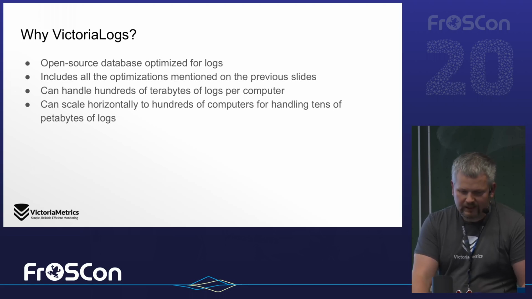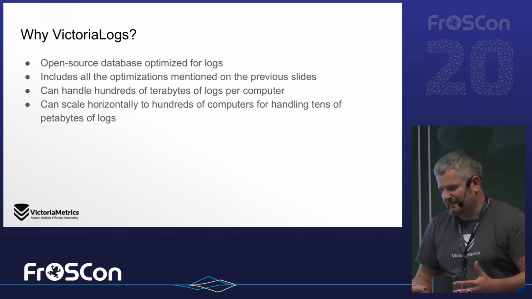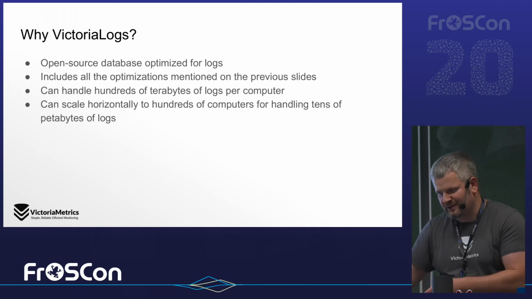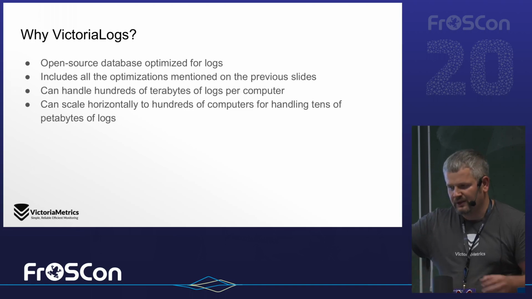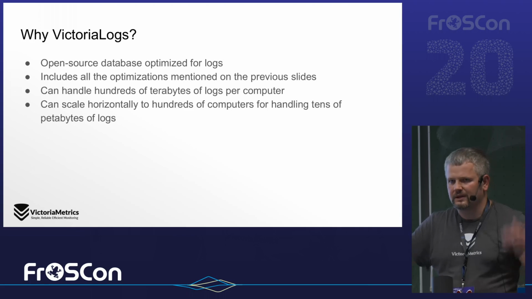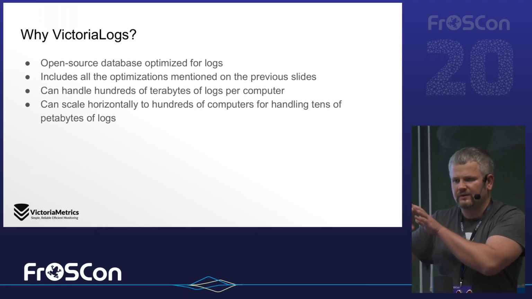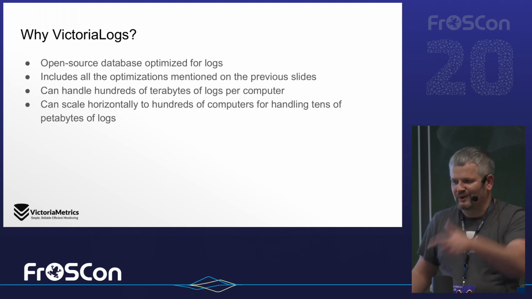And the horizontal scalability is very easy to achieve in VictoriaLogs, because you just add new VictoriaLogs servers, and put in front of these servers two components. The first component is named VL insert. It accepts logs and then evenly spreads these logs across all the storage nodes. And the second component is VL select.